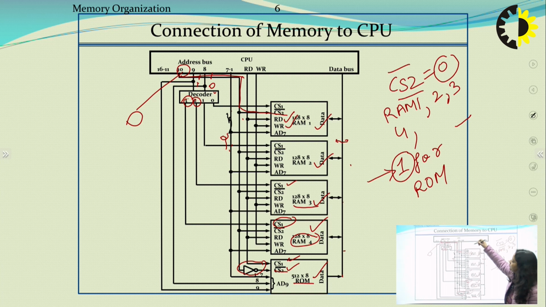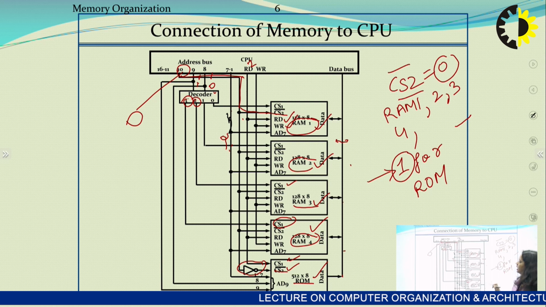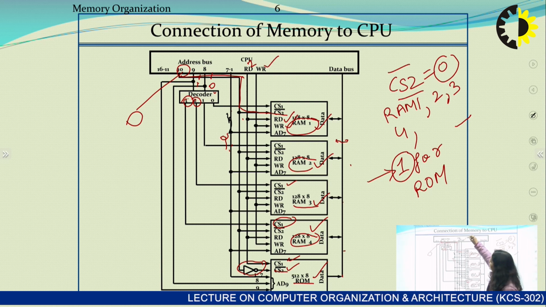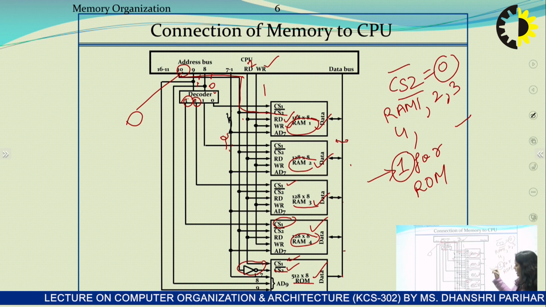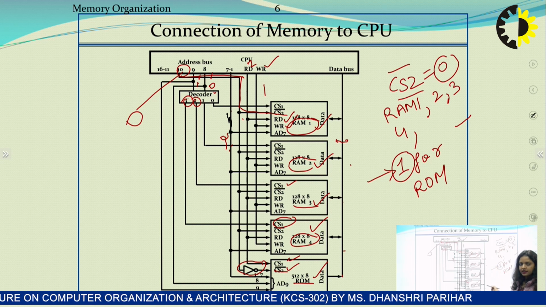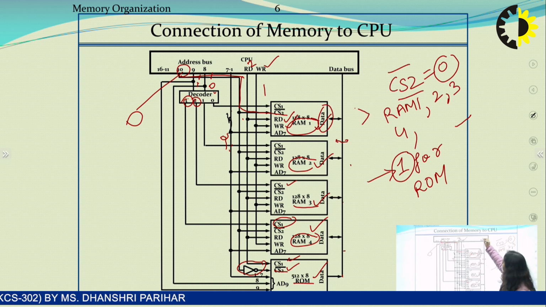So when the value of this read becomes 1, then that particular RAM which is selected through chip select 1 or chip select 2 input will be read. And when the value of this write is 1, then out of 4, any one of the RAM that is selected at that moment will be written. Means a writing operation will be performed on that particular RAM. Now what is this data and data bus?